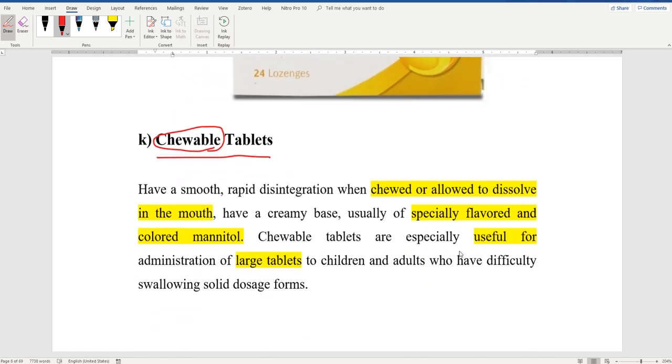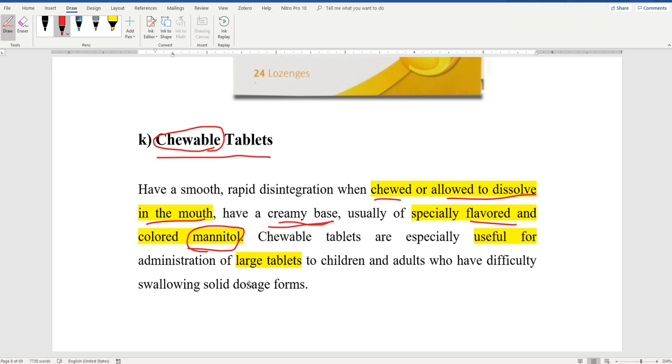It contains a medication that you are supposed to chew or allow it to dissolve in the mouth. يعني it's like sucking. Like for example, كيف lozenges, you suck it, you don't break it, you don't chew it. حتى chewable tablets, you might want to suck it and allow the drug to dissolve in the mouth. Usually the base is creamy, flavored, and the sweetening agent used usually is mannitol.